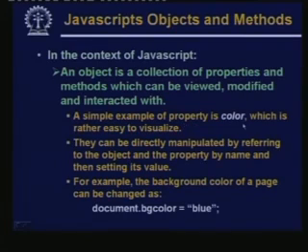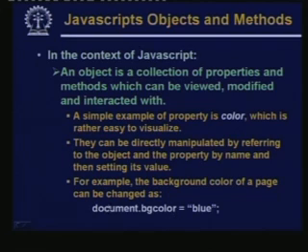So, this kind of properties like color, we can directly manipulate them by referring to the object and the property name. As an example, document.bgColor.